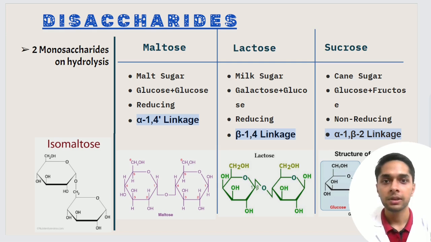Now something to note here is that each one has a different kind of linkage: alpha 1,4 linkage in maltose, beta 1,4 linkage in lactose and an alpha 1, beta 2 linkage in sucrose, each formed from different kinds of sugars. Please do note that the alpha 1, beta 2 linkage of sucrose renders it unable to utilize its anomeric carbon in reduction and oxidation processes, which makes it a non-reducing sugar.